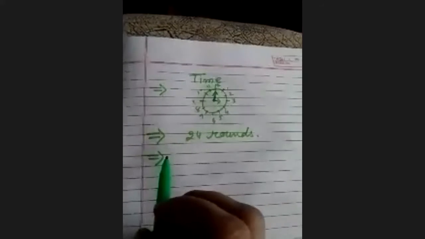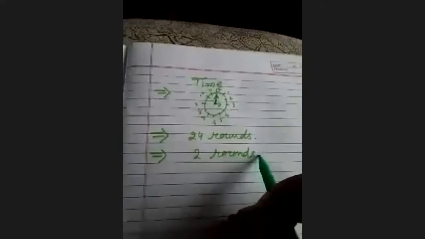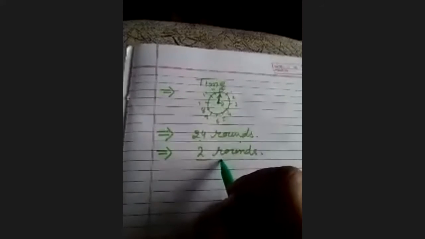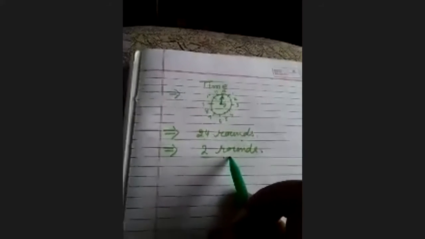So it completes 2 rounds in a day. Minute hand takes 24 rounds, and hour hand takes 2 rounds.